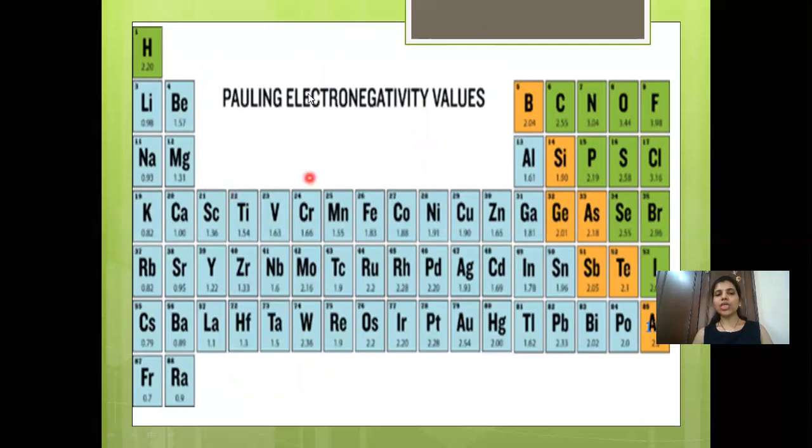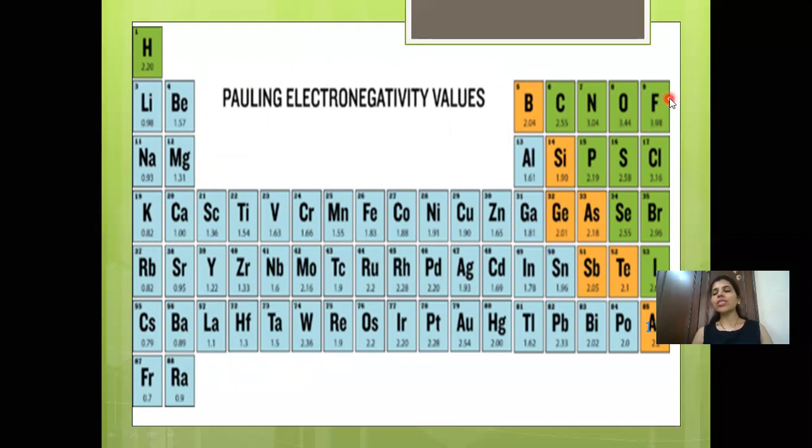electronegativity, when you see in the periodic table and compare across the period and down the group, now we are going to understand how the electronegativity will differ for these elements. So those on the left, for example alkali metals, are going to have less electronegativity compared to halogens.